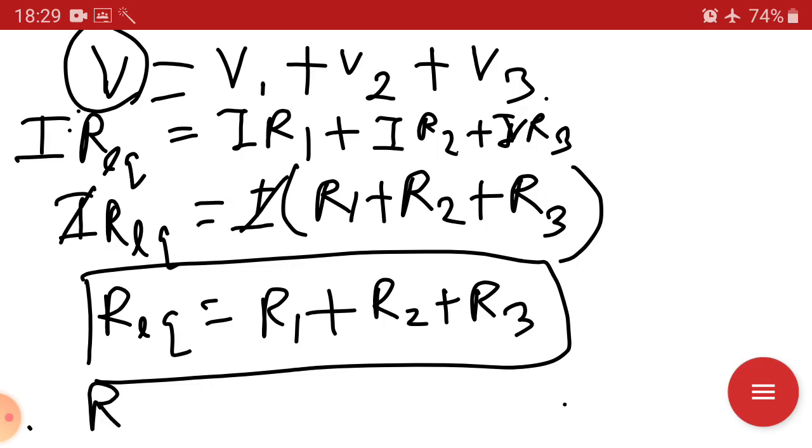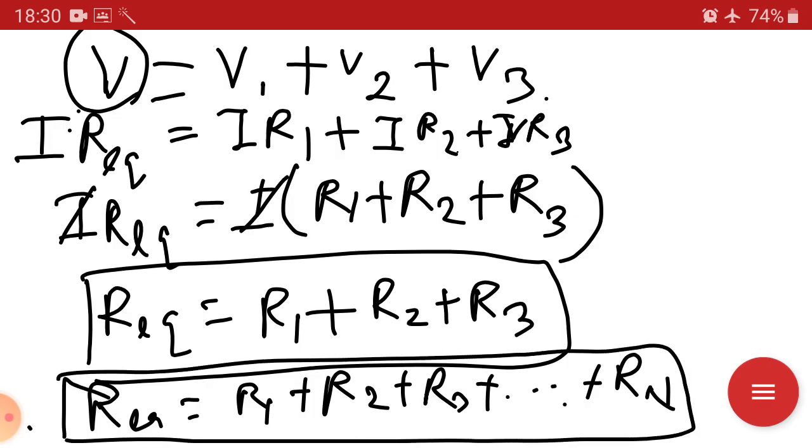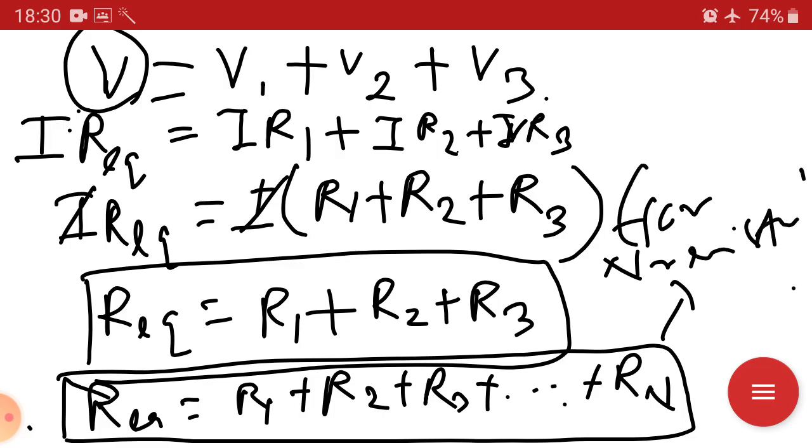R equivalent will be R1 plus R2 plus R3 plus dot dot dot plus Rn. So this is the result for resistors in series.